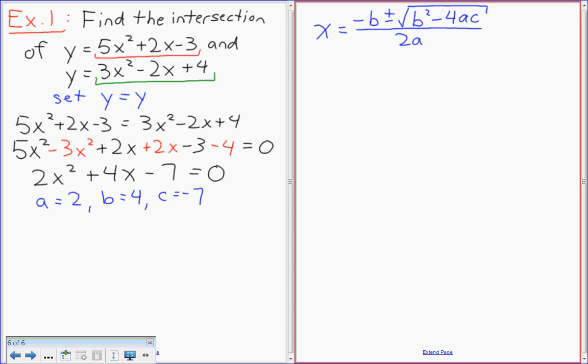So I'll say that out loud in case you didn't say it, which I hope you did. X equals negative b plus or minus the square root of b squared minus 4ac all over 2a.